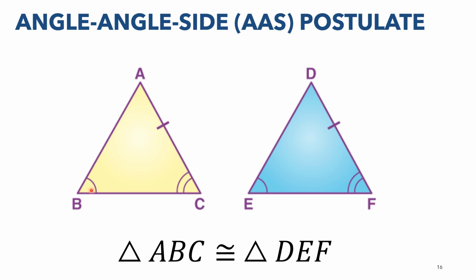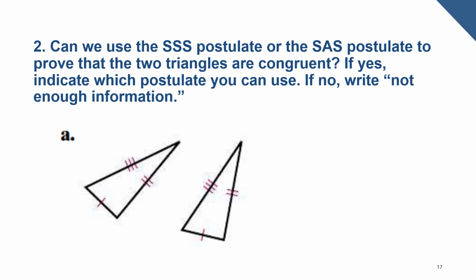Oops, I read it backwards. That's actually angle, angle, side. So if you did side, angle, angle, just recognize that that is the same thing as AAS, just in reverse order. All right, let's look at some examples.